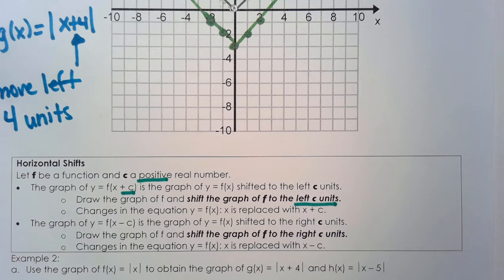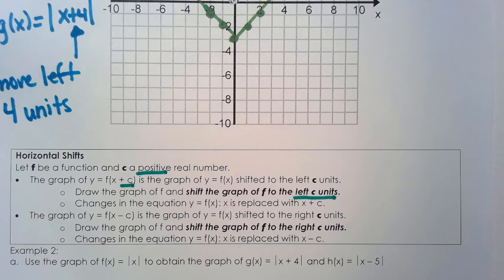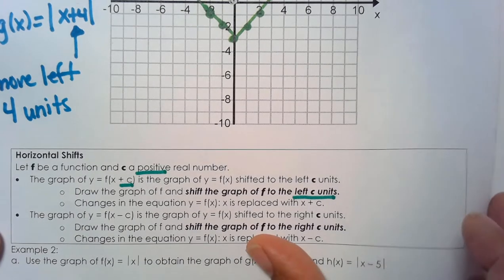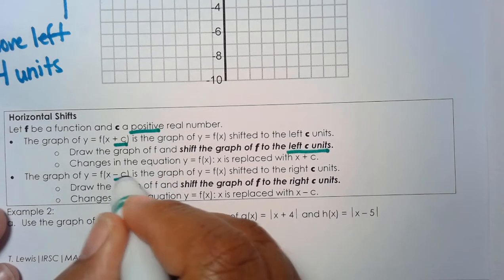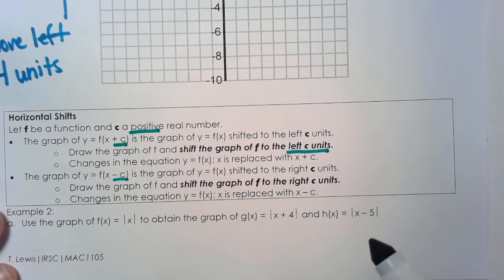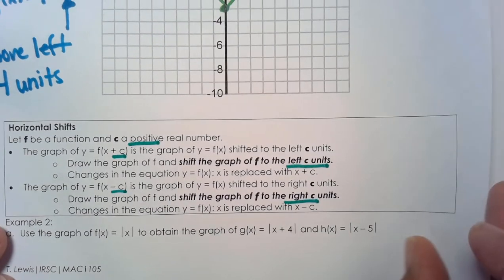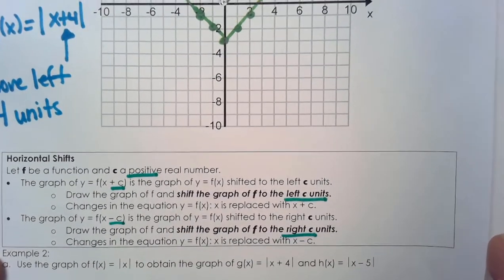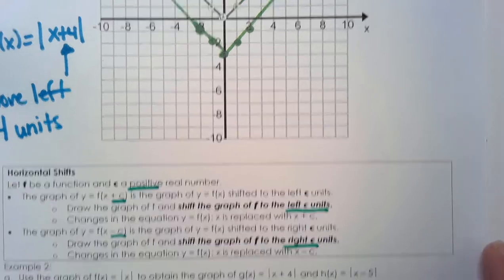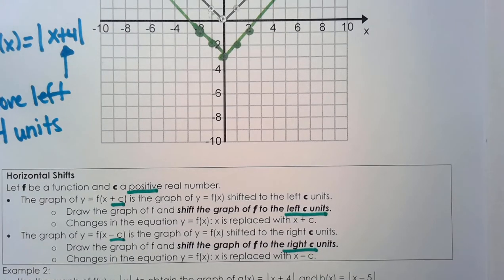Okay. Now, it was also noted that when your constant term is negative, you're going to move to the right that number of units. So here we have our h of x is equal to the absolute value of x minus 5.